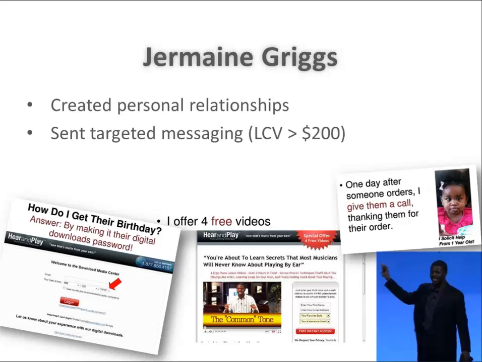From these relationships, he sends targeted messages to people that have an LCV, lifetime customer value, of over $200. Anyone that has spent over $200 with him gets very targeted messages with an upsell offer. Because of this, he is doubling his net profits. Doubling. Every one of you can be doing this.